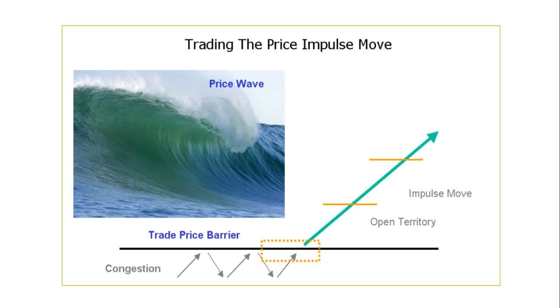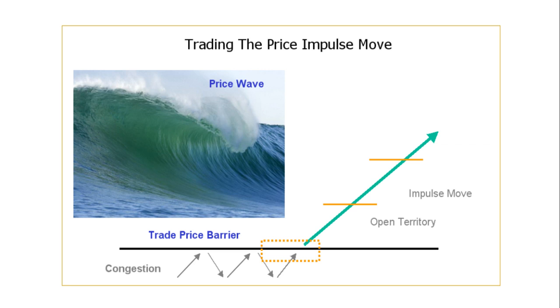What we're looking for is to trade what we call price impulse moves. This is something that repeats itself over and over, hundreds of times a day, every day of the week, every day of the year. It's a repetitive, cyclical thing that occurs in the markets, and we're trying to line up with it and take advantage of it.